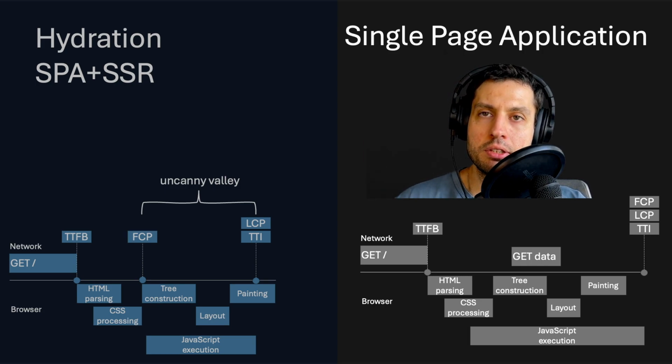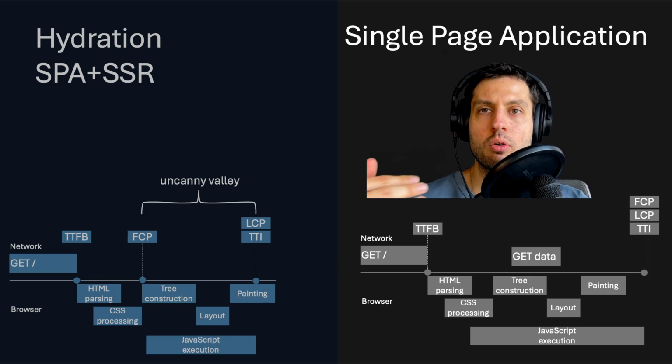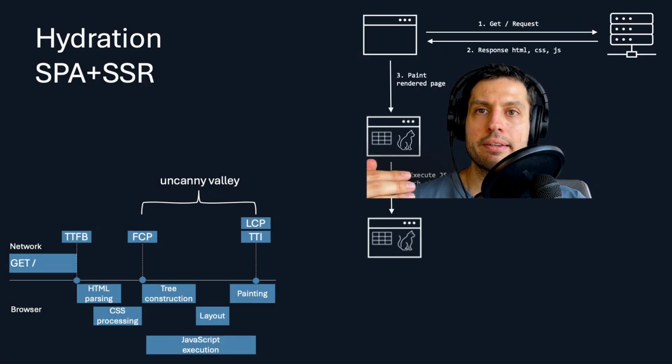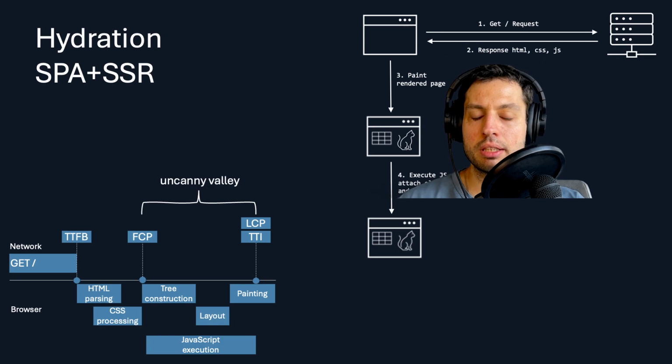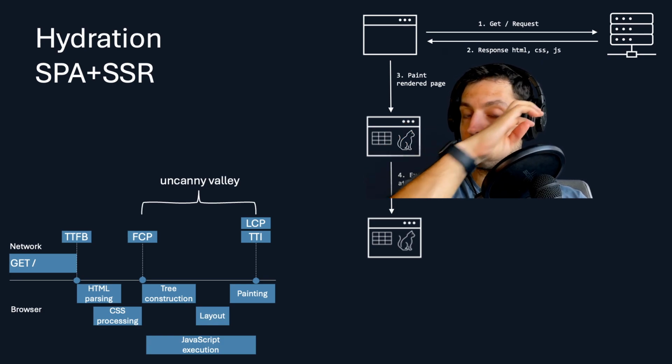However, we still need to wait for the whole framework to execute in order for the app to be interactive and get the largest contentful paint. And here comes the uncanny valley where the user sees the page, it feels that it should be interactive because everything is rendered, but it isn't because the framework hasn't executed yet.